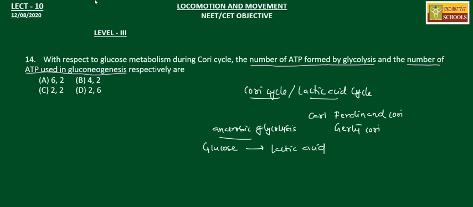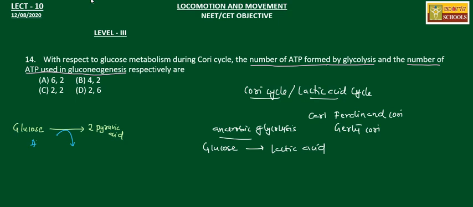In the Cori cycle, glucose will get converted to two molecules of pyruvic acid, and during this process it results in the generation of two ATPs.